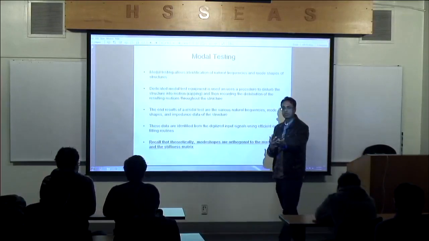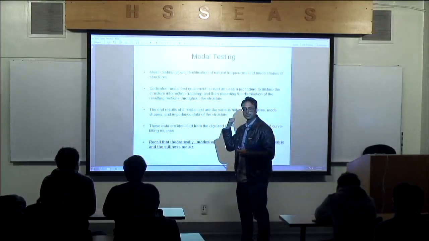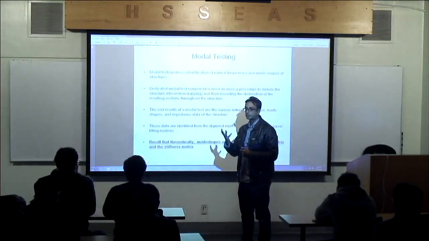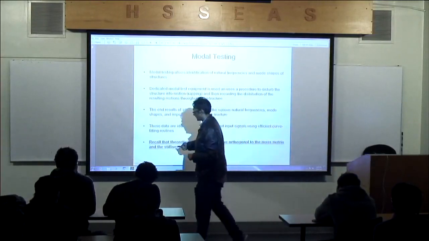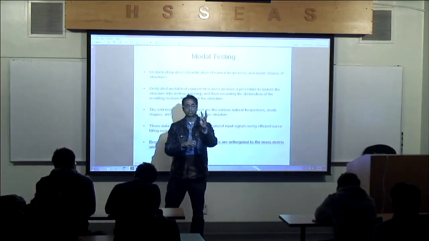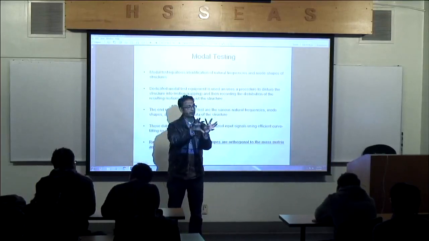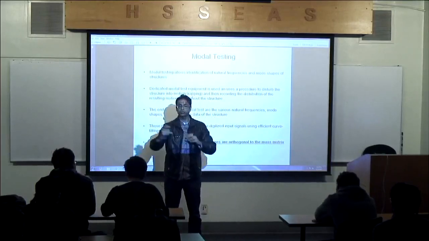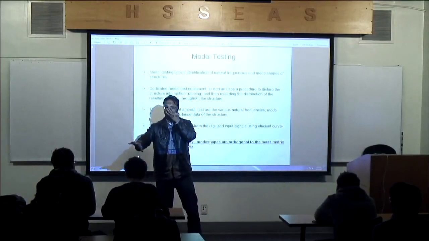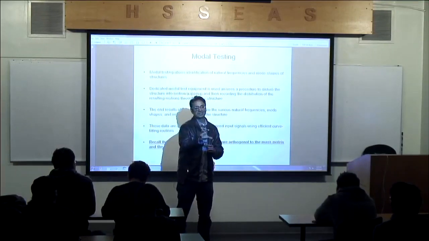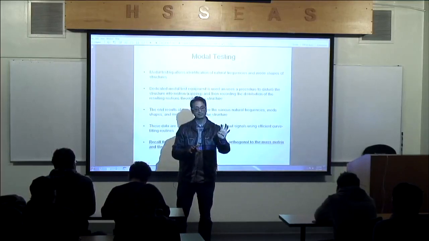And you wonder, how can I verify my model with this test? Well, somebody came up with this clever approach, because remember we talked about the mode shape. When I multiply the transpose of the mode shape times the mass matrix times the mode shape, what should I get? Diagonal. Okay. So let's say the mode shape of the test.